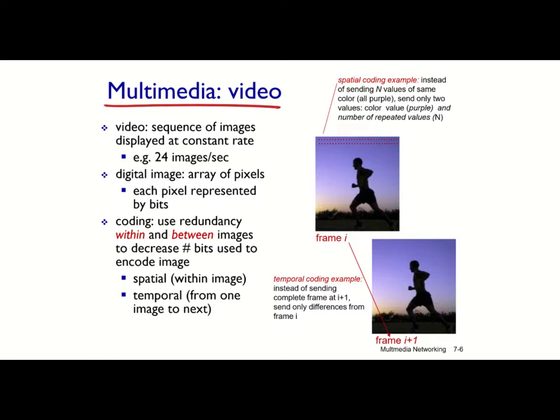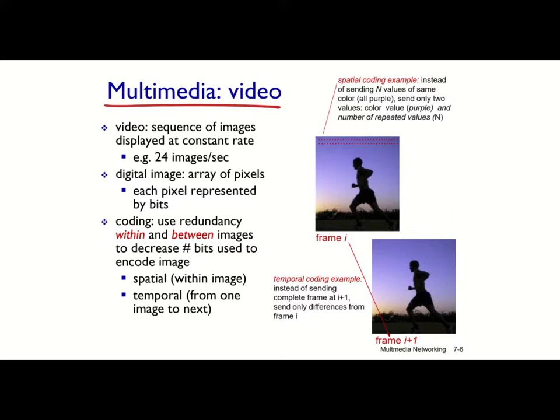One layer, which we call temporal coding, will divide every video into 24 images per second. And the second layer, which we call spatial coding, will model every image as a two-dimensional array of pixels, and every pixel can be represented by a number of bits.